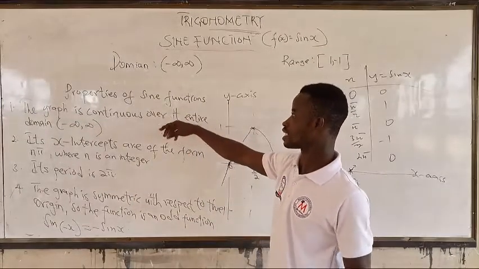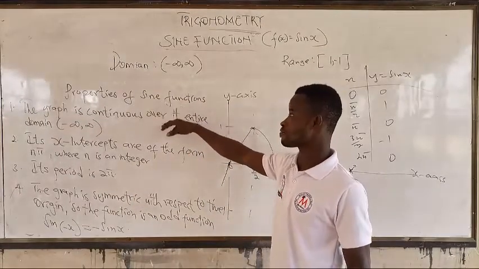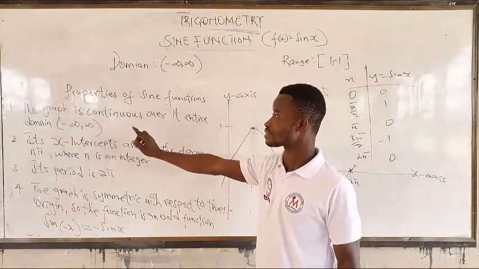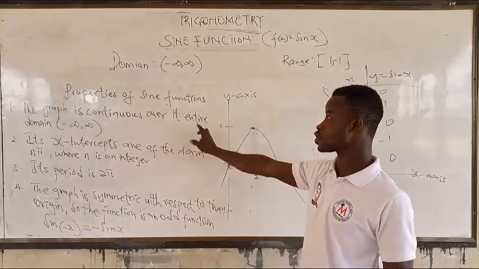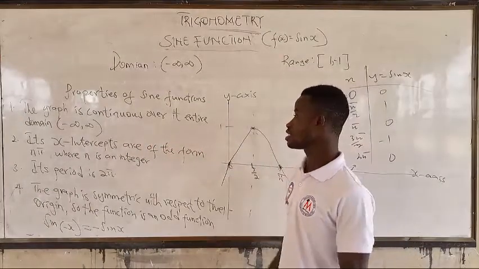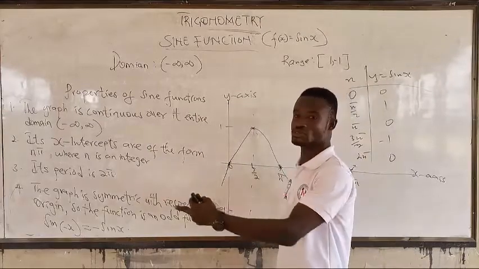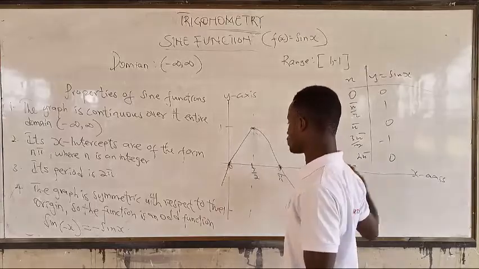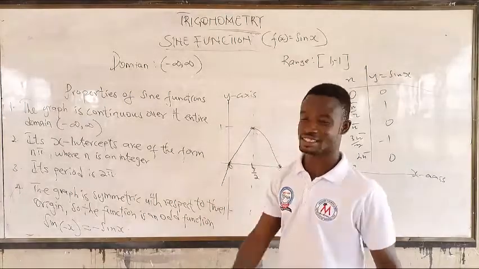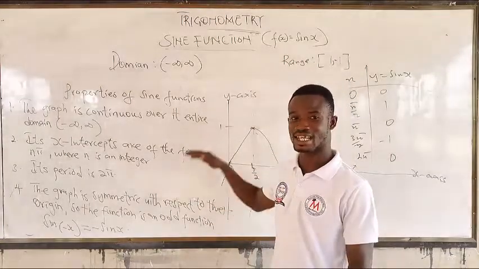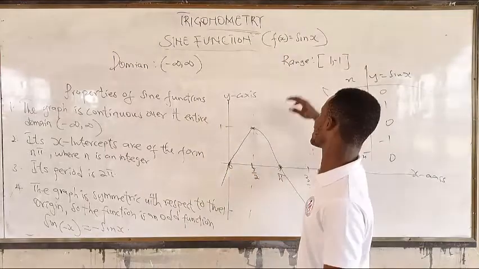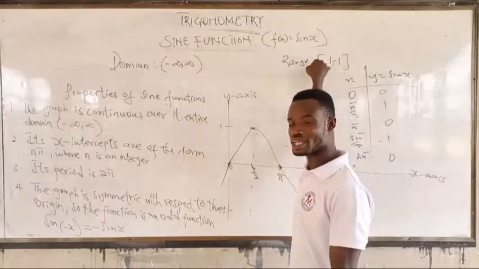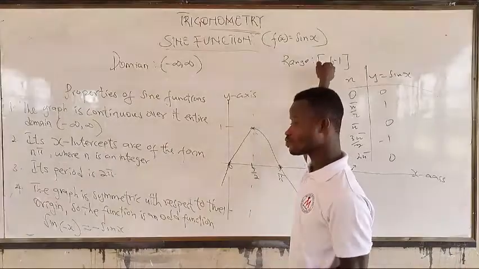The first one, for the properties of the sine function, is that the graph is continuous over its entire domain. That is, it continues from negative infinity to positive infinity. And you know that the domain is for the x-axis and the range is for the y-axis. And the range, we have already said that it's bounded within 1 and -1, or -1 and 1, the same thing.